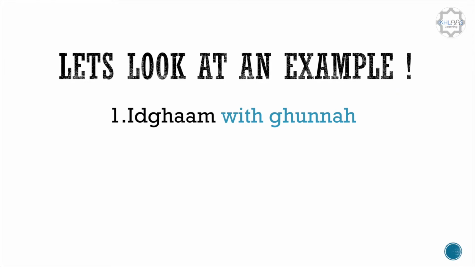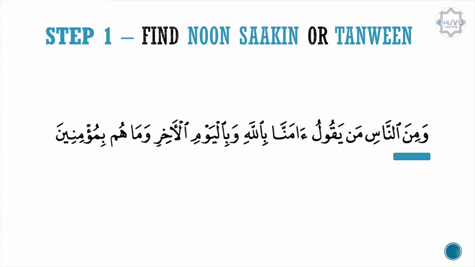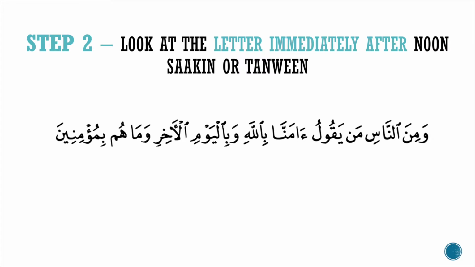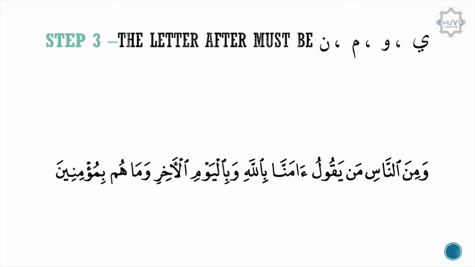Now let's look at an example of Idghaam with GHUNNAH. Step 1. Find the Noon Saakin or Tanween. So when we go across, we can see the symbol of Noon Saakin. Step 2. Look at the letter immediately after the Noon Saakin or Tanween. Step 3. The letter after must be from Ya, Waw, Meem and Noon.